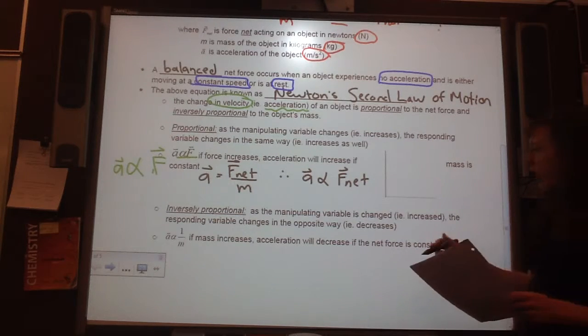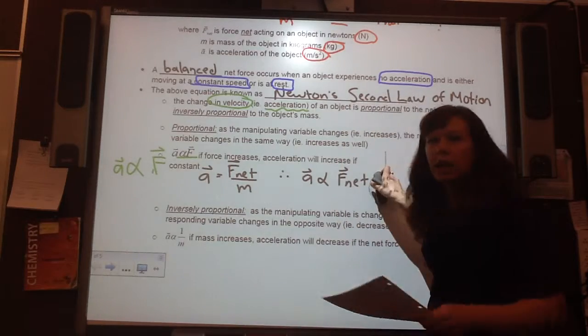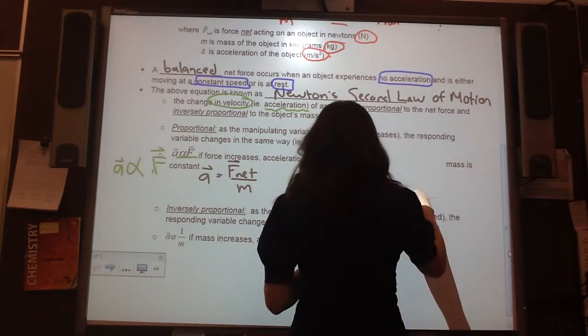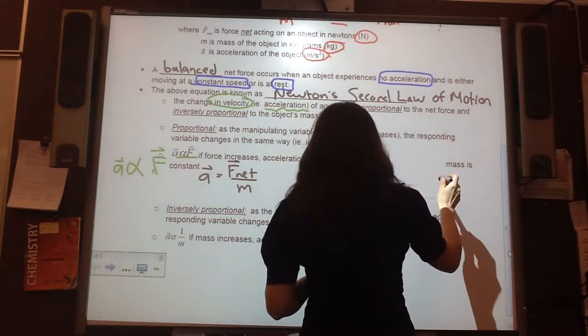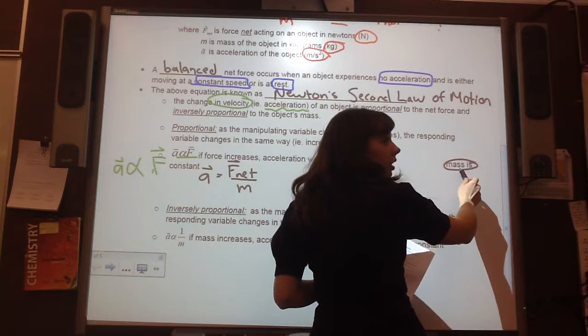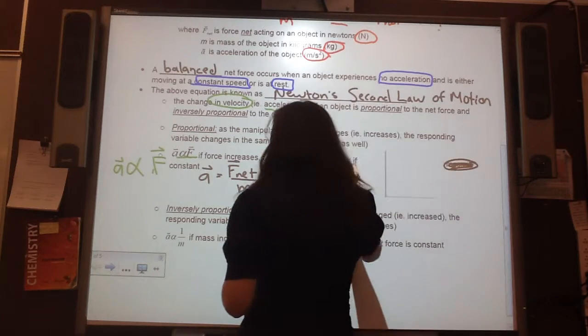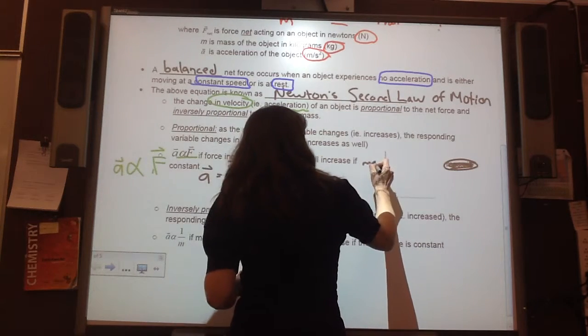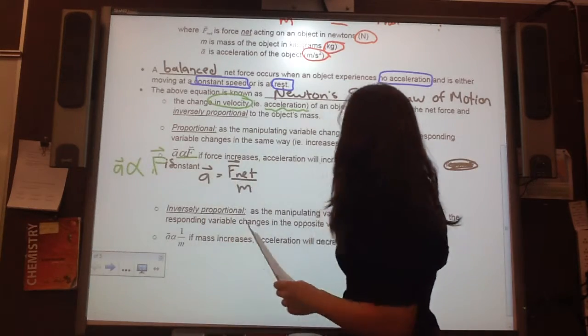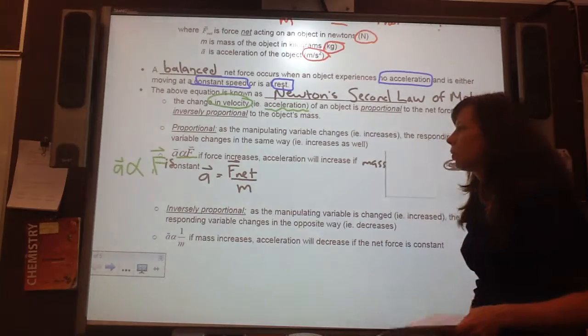So if I change A, can I erase this? Just to have room. So on my little graph, just put if mass is constant. That's what it's saying.